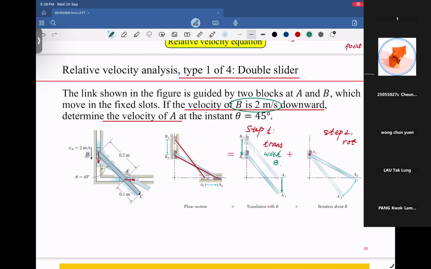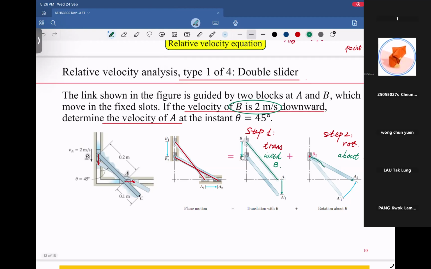And second, everything rotates about the same reference point, about B. So point A comes here. The initial position is this one, the terminal one is this one. Therefore, translation with B plus rotation about B equals such a general plane motion.